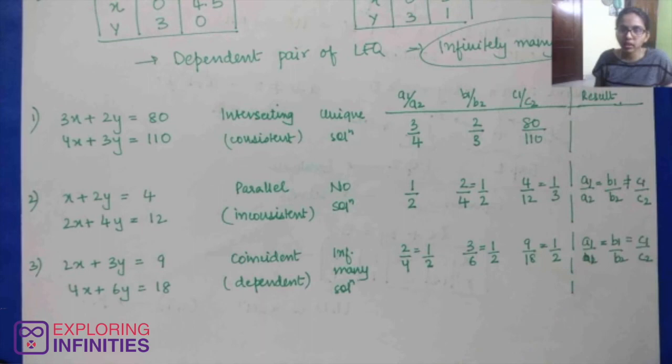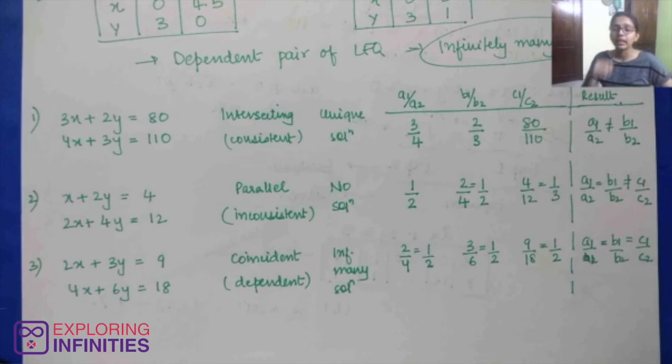So I write a1 upon a2 not equal to b1 upon b2. So here I have a relationship between the coefficients of a pair of linear equations: if a1 upon a2 is not equal to b1 upon b2, then definitely I have a consistent pair of linear equations which will give me a unique solution.